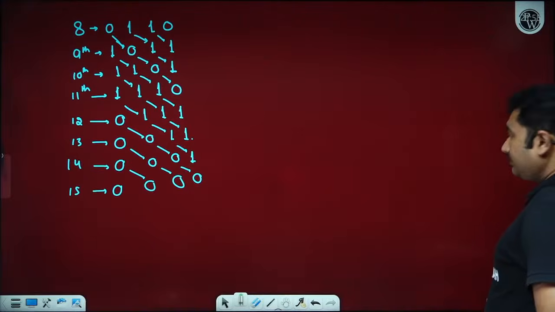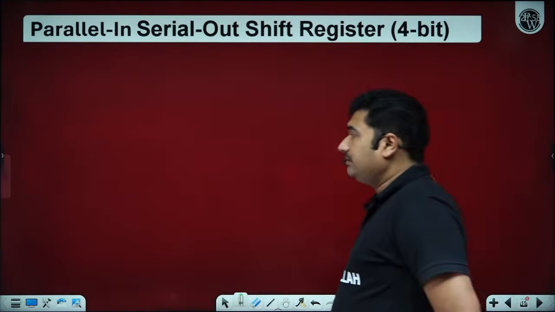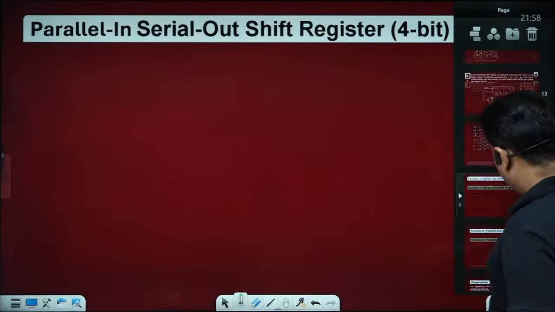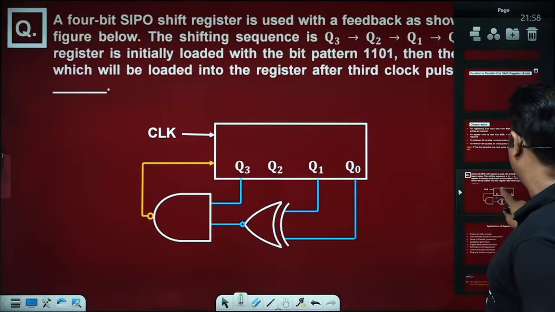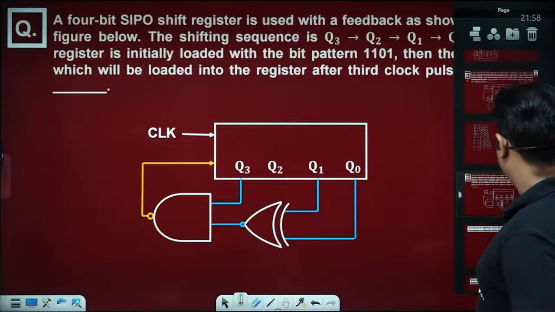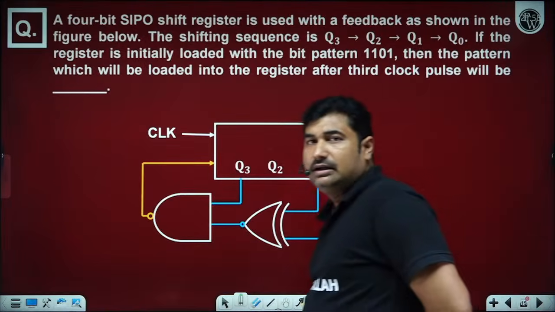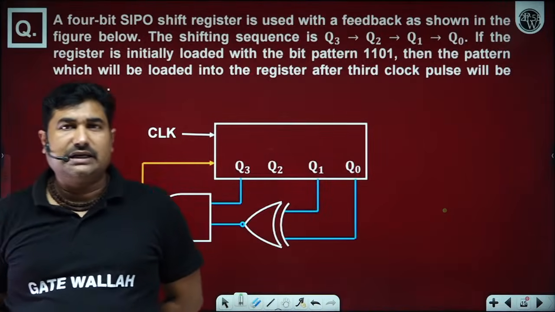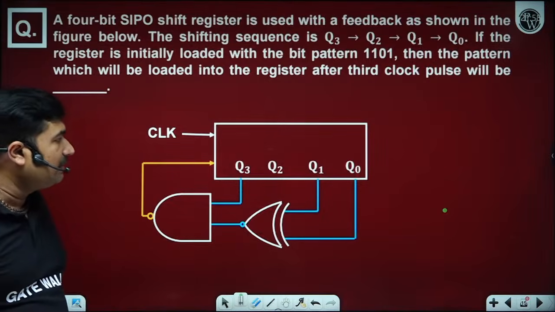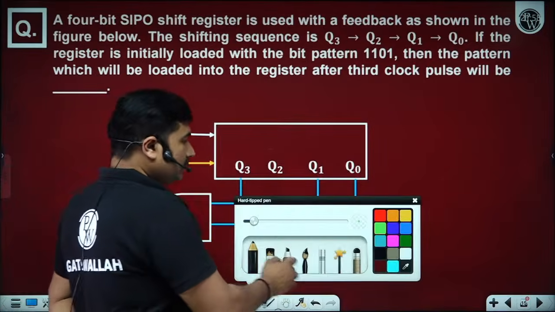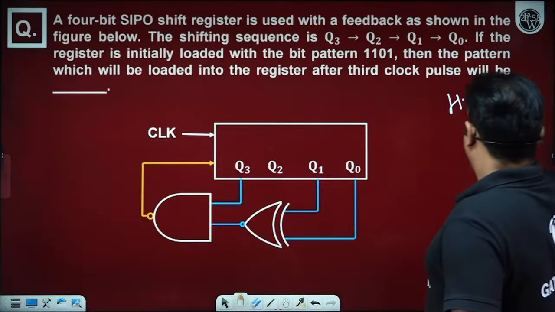Great. Now please observe. Can you now solve any question based on serial in parallel out? I am giving one question to you as homework.